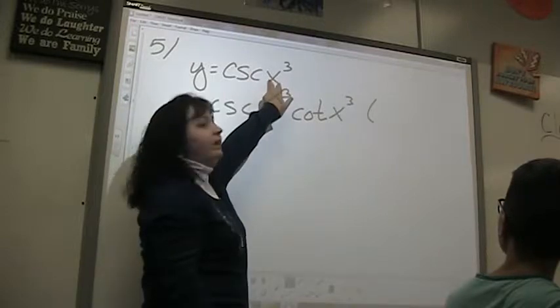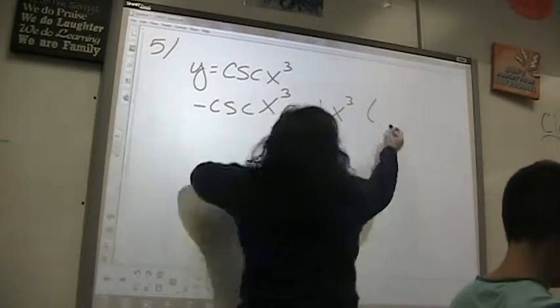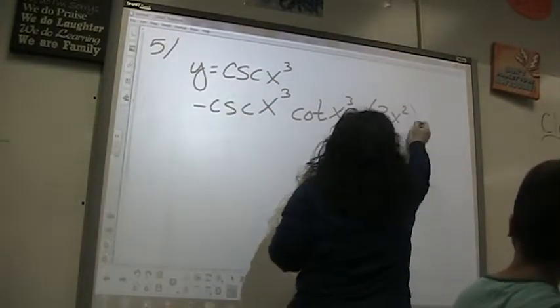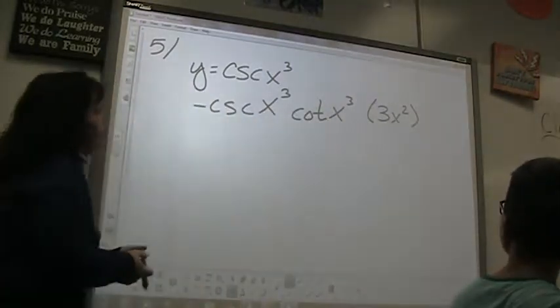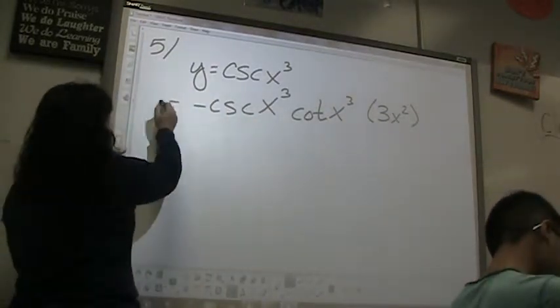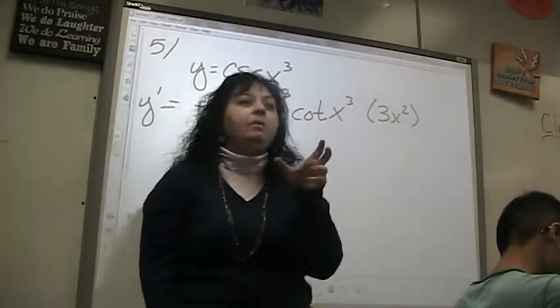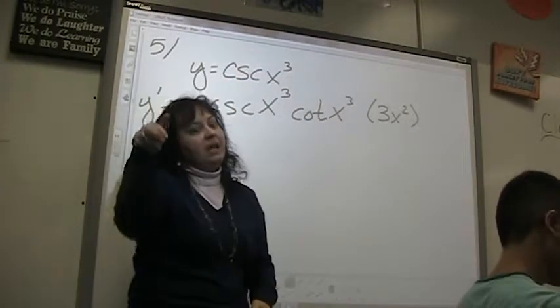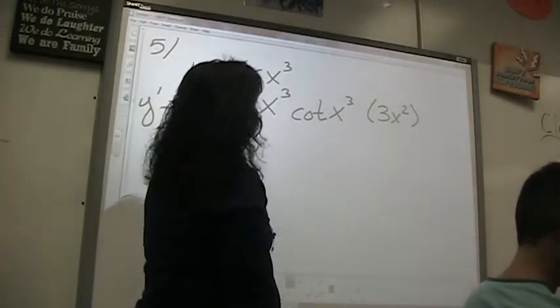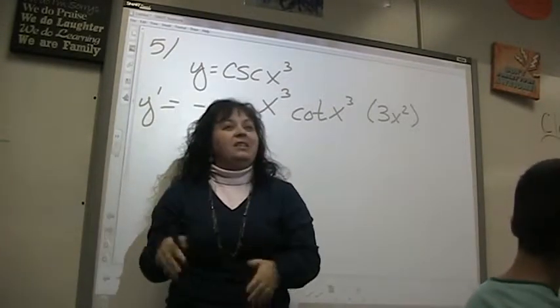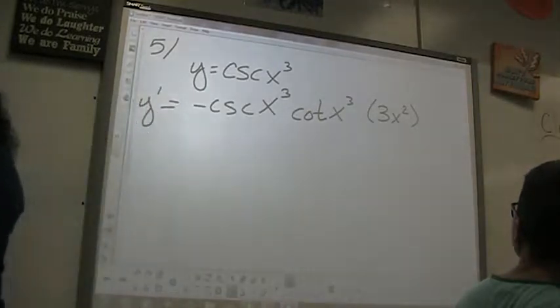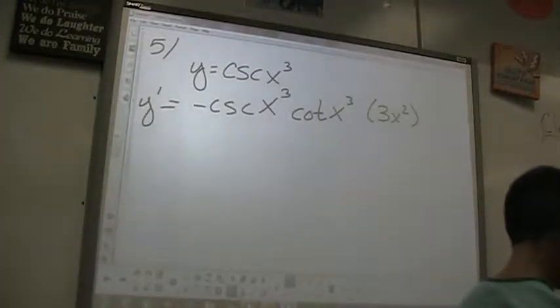So now the derivative of x cubed is 3x squared. Yeah, you could have left it like that. So what's happening with the chain rule is you've got to take the derivative of the outside function, but whatever's on the inside has got to come along for the ride until you take that derivative.